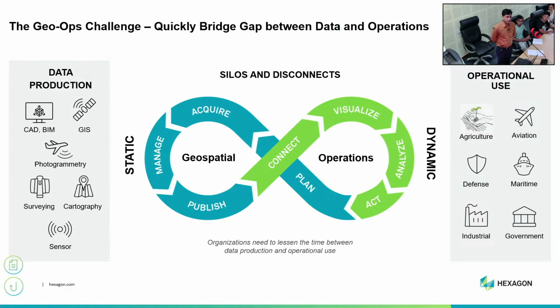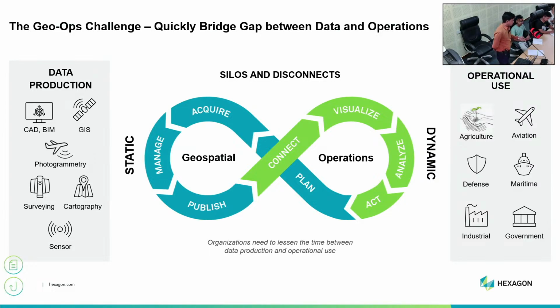In data production, we provide CAD, BIM, GIS data, photogrammetry, surveying and cartography, and sensor related everything. We have software as a solution and software as a platform. Suppose you are coming from a forestry background or an agricultural background, or you have a project on health GIS, multi-city management or smart city management.